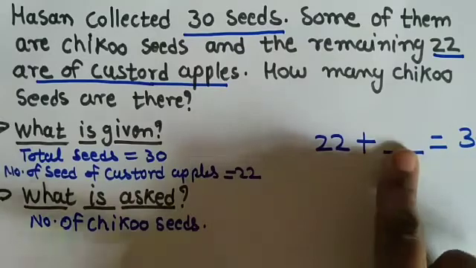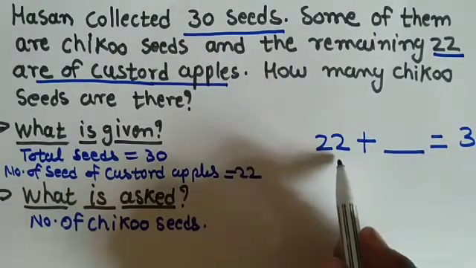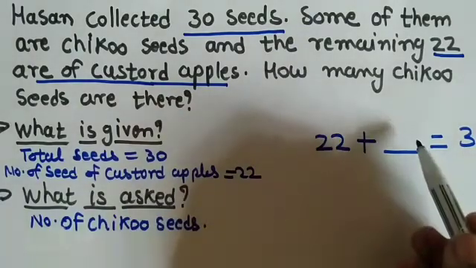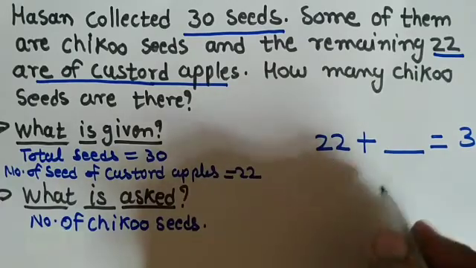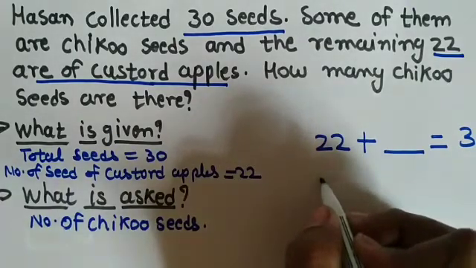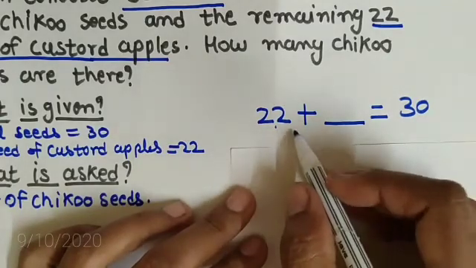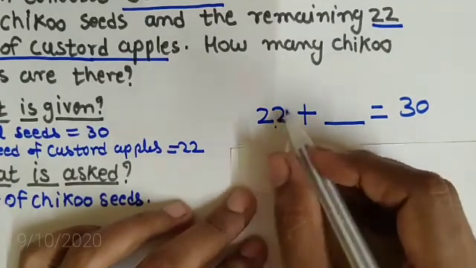Then how to find the number of chiku seeds here, children? You can do by counting forward also, or you can convert this question into subtraction. Children, we will solve this question first by counting forward.